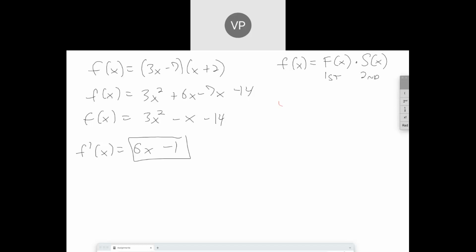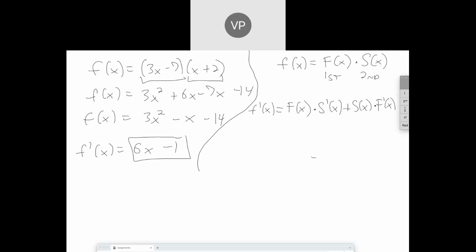Just like we have over here, we have a first and we have a second, same kind of idea, okay? So the formula is, I'll give myself some more room over here. The derivative turns out to be, you take the first function, leave it as it is, and you multiply by the derivative of the second. And then you do the same thing where you take the second function and you multiply it by the derivative of the first.